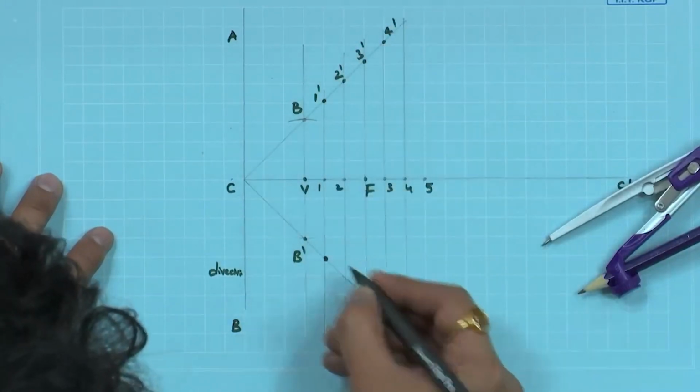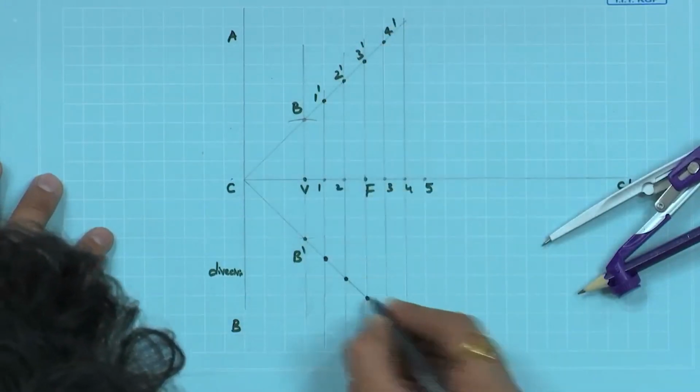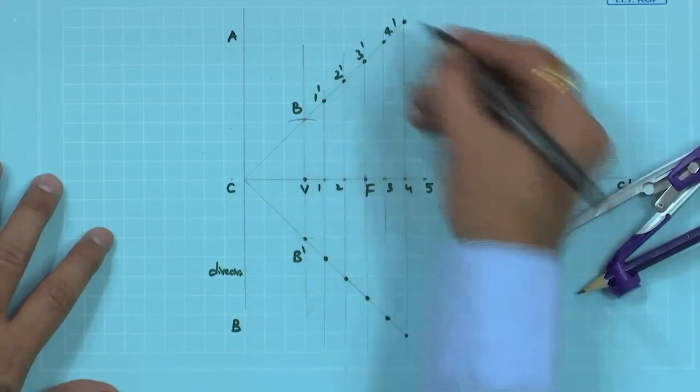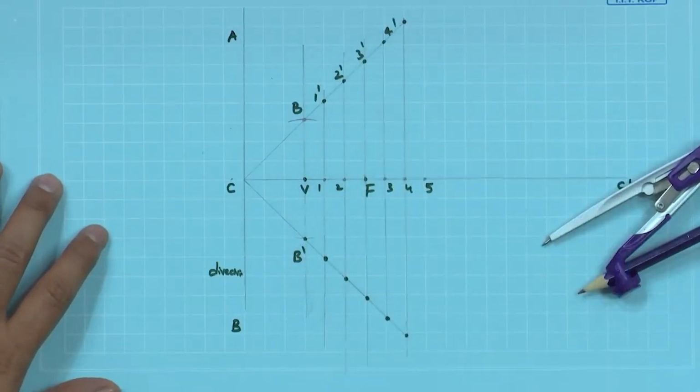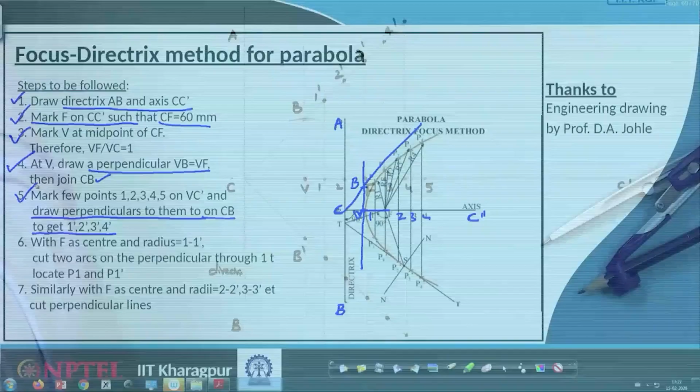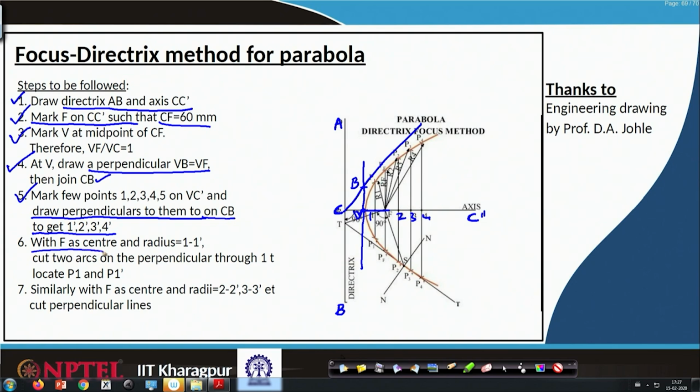The same thing on this side also we will get. With F as center, and radius 1, 1 dash.